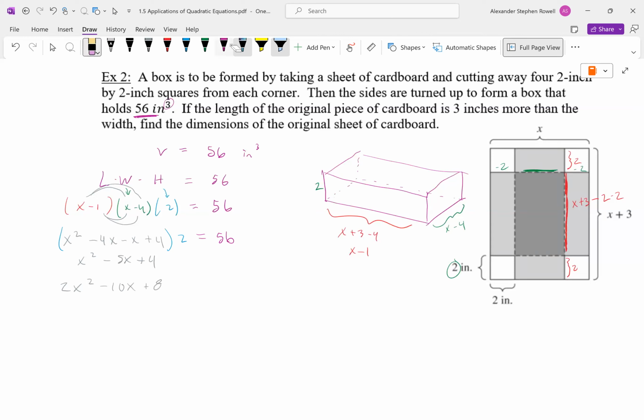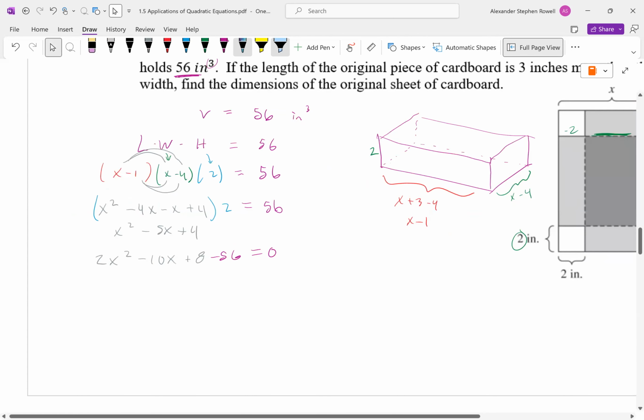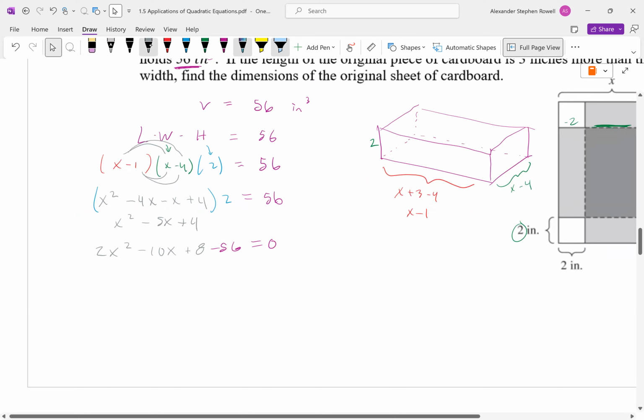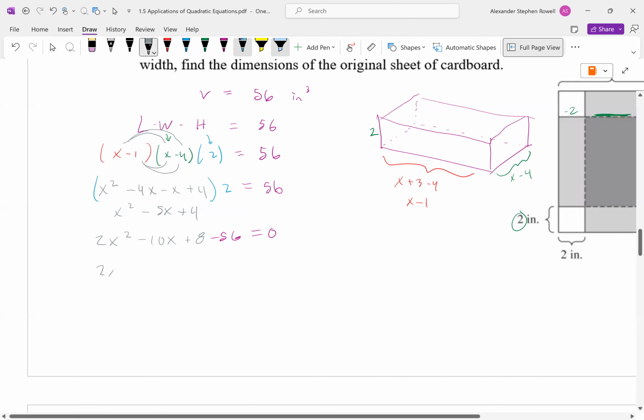And we'll subtract the 56 from both sides. Pick your favorite method to solve a quadratic. We'll try factoring first, because these application problems tend to be solvable by factoring. What's 8 minus 56?